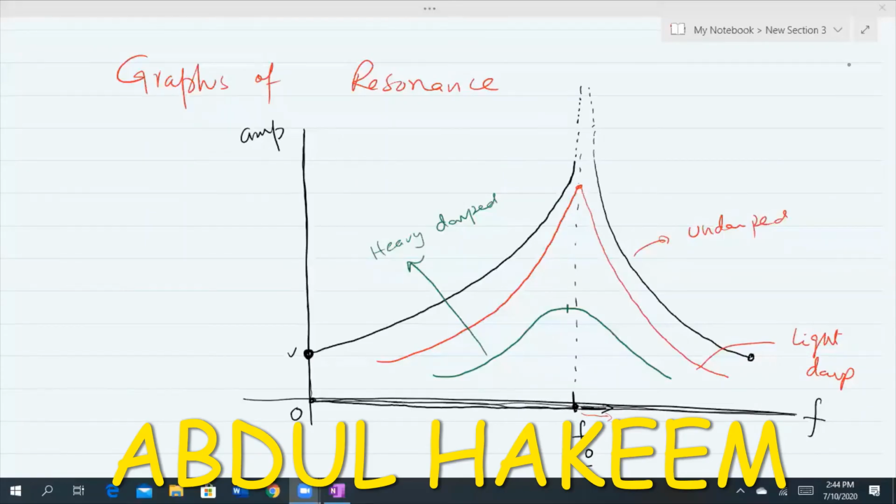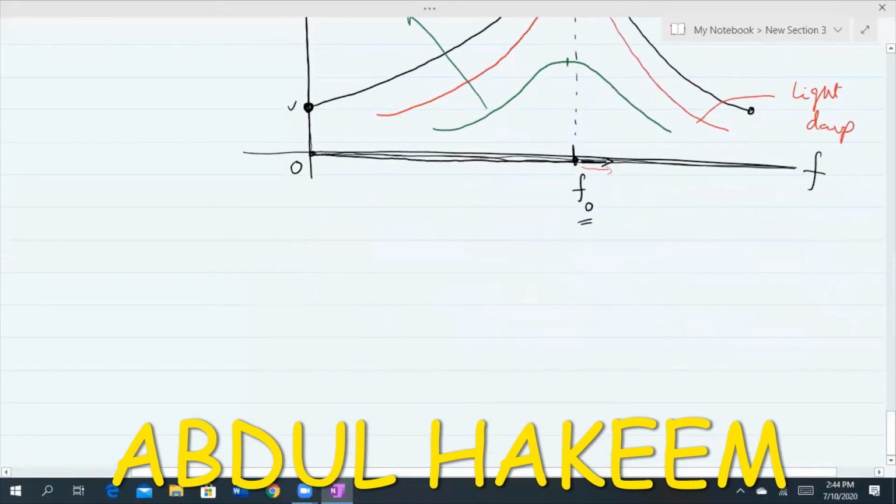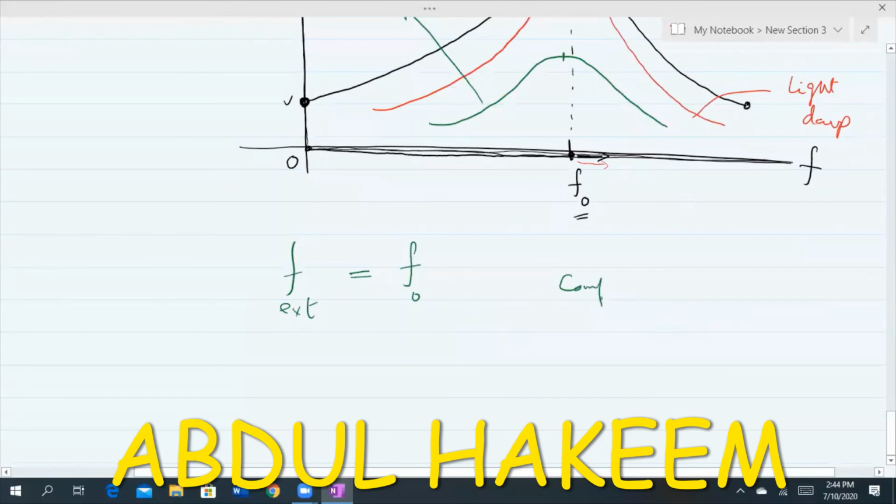Okay, now this is the resonance when the frequency of the external system is exactly equal to f naught. And this is called complete resonance.